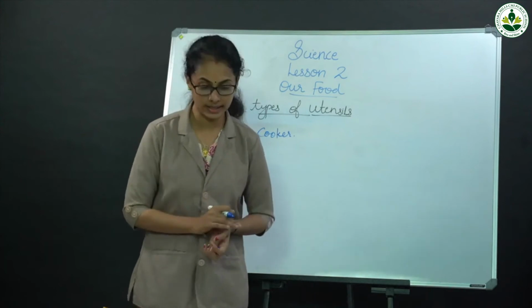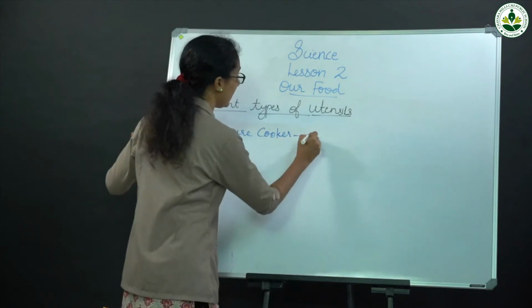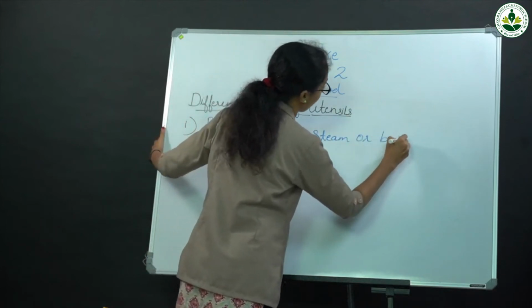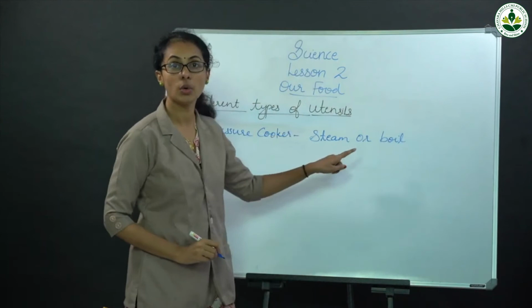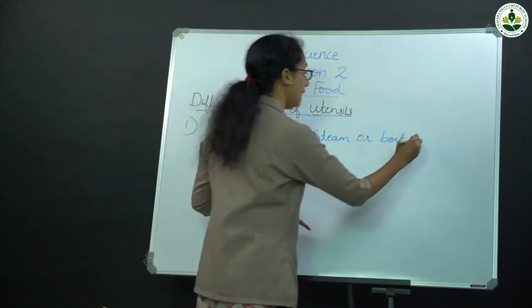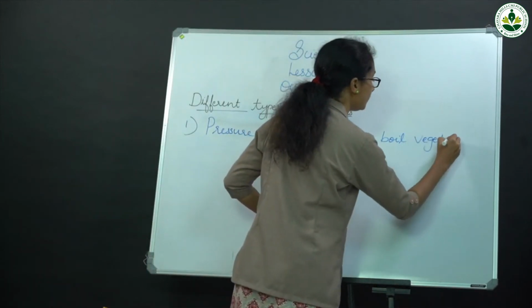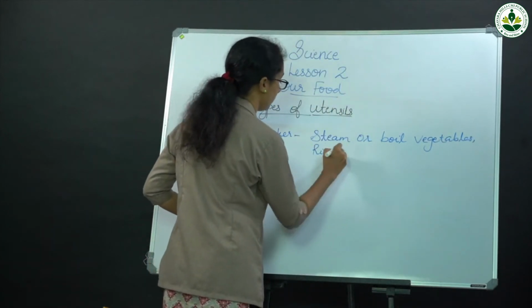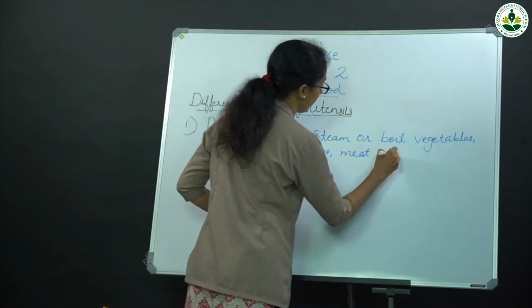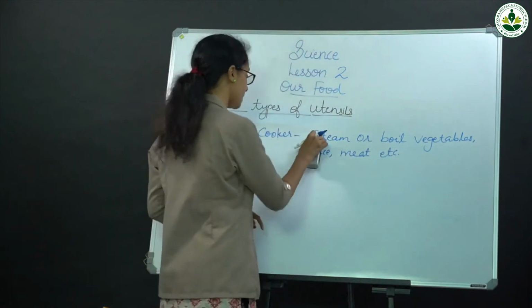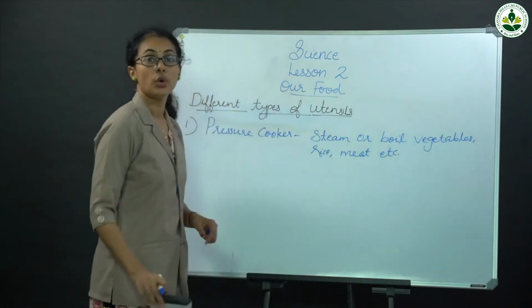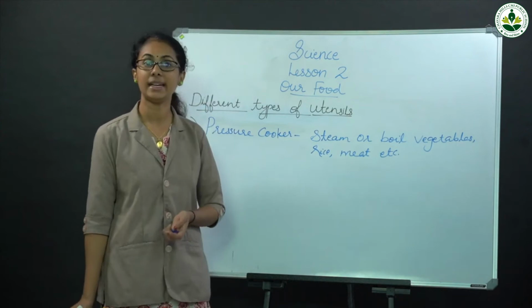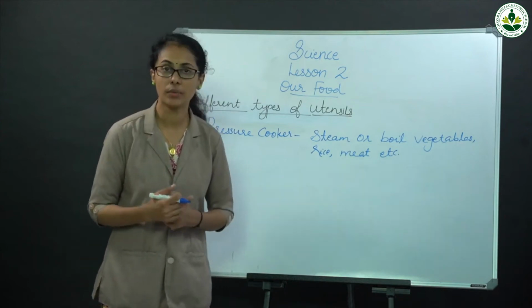A pressure cooker is used to steam or boil vegetables, rice, meat, etc. What are the advantages of using a pressure cooker?